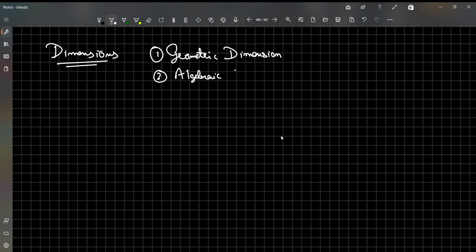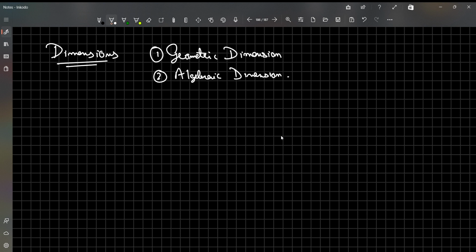What we said in the previous lecture is that the geometric dimension is the maximum number of mutually orthogonal vectors in a vector space. Or precisely, you can say it is the total number of maximum possible mutually orthogonal directions in a vector space. And the algebraic dimension was basically the number of elements in an arbitrary basis of the vector space.